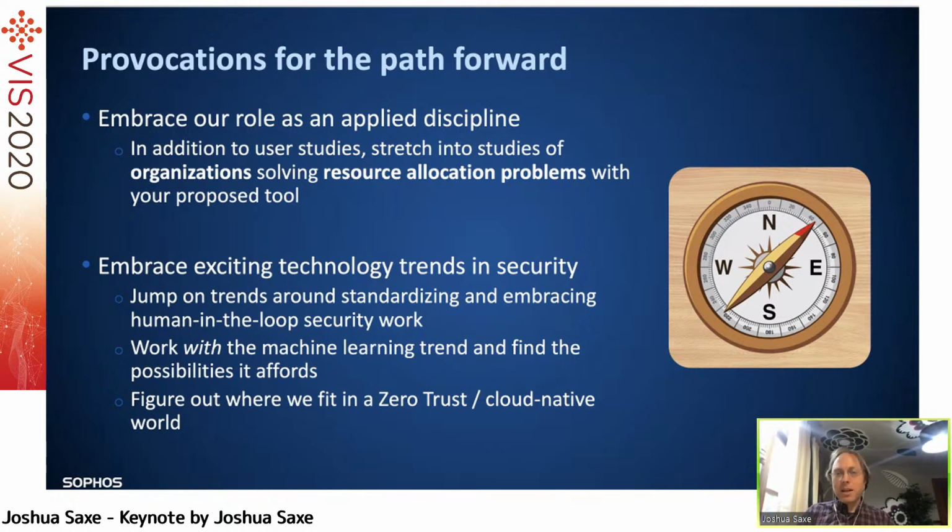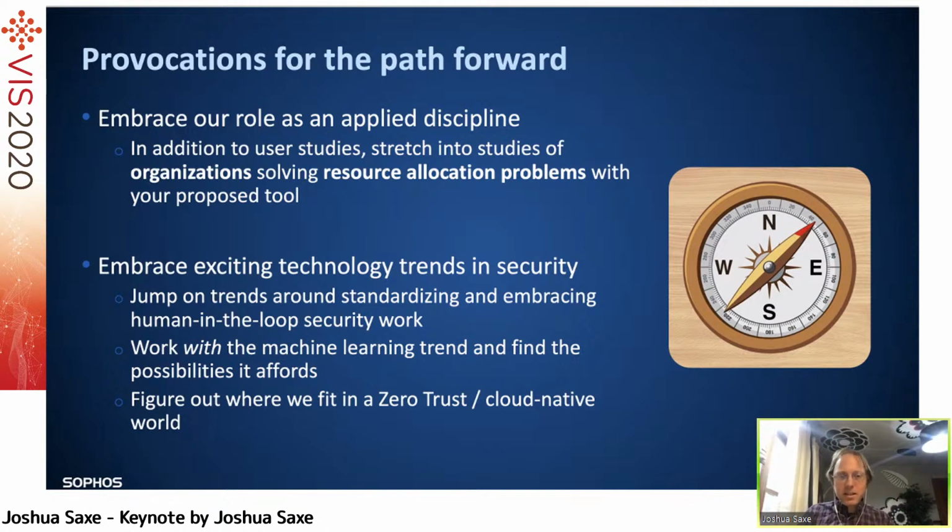And we need to think about how our tools figure into that continuous process of solving a resource allocation problem. Organizations are trying to minimize risk, minimize cost, and maximize some other utility function. And when we propose visualizations, I think it's often appropriate to really dig into that and assess how impactful our proposed tools can be.